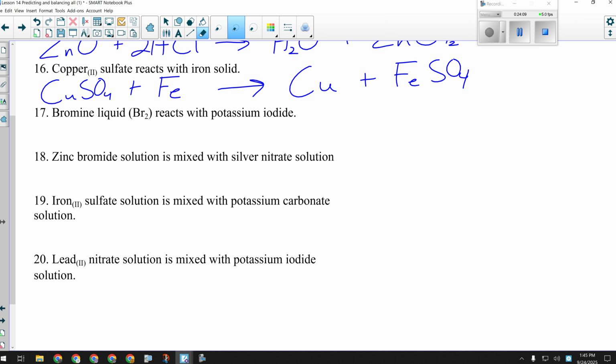And if you have no other way to figure it out, that's what you go with. You assume, and you know how assumptions are, right? But we assume that it's going to be the most common, which is a safe assumption in most cases because it's like 98% is that much and 2% is the other. So we can safely say this is the iron with the 3 plus, and this is 2 minus. So we will need to do this on our drop and swap.